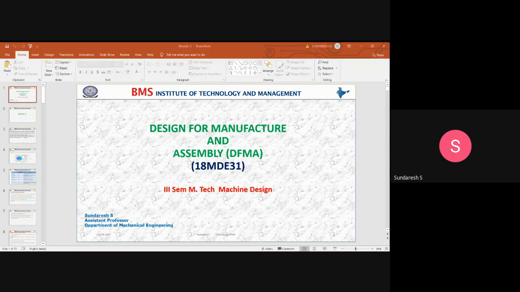Starting with casting, we will discuss what are the different design considerations that need to be used for designing the component for casting. Afterwards, some machine components will be given. Those machine components we need to analyze and design for casting, and similarly for welding, and finally we'll go for machining.